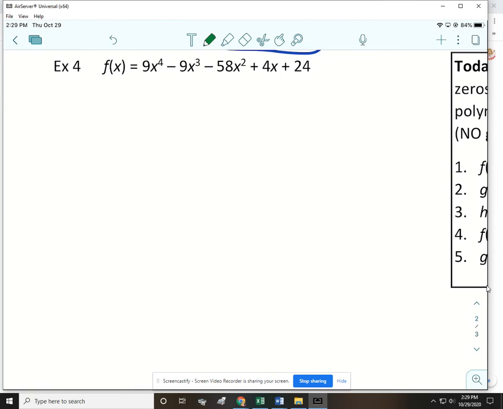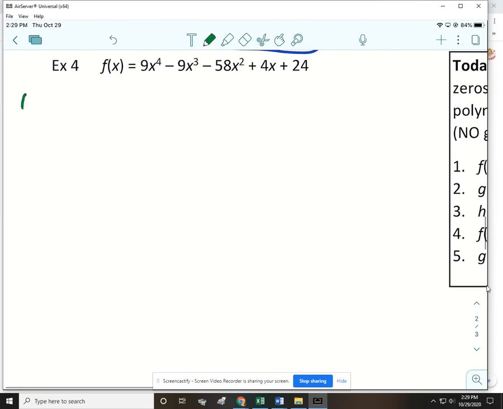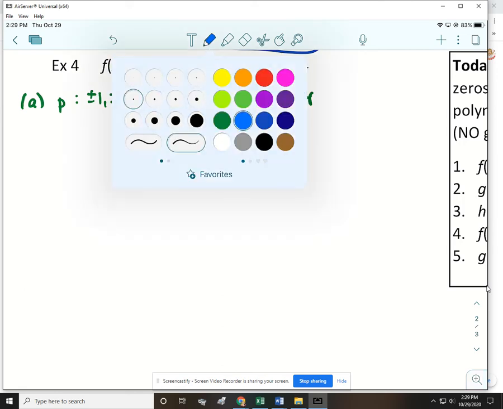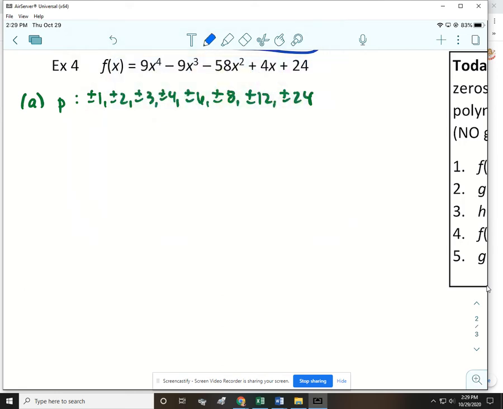All right, so on this last one, finding the possible rational zeros is a little bit of work. So we're going to start with P, which are the factors of 24. There's a lot. And then we also want to do Q, which are the factors of 9.